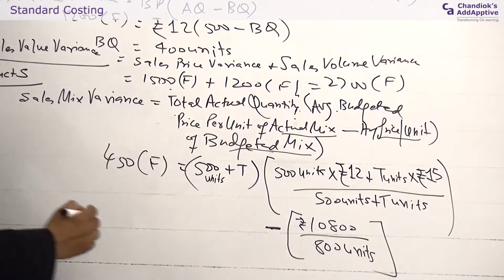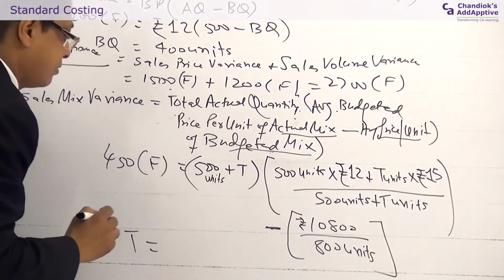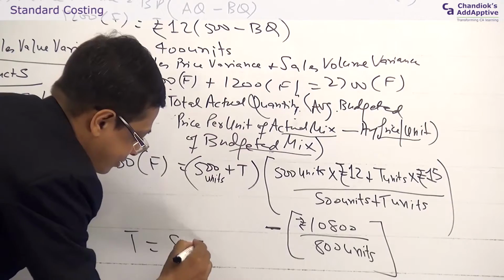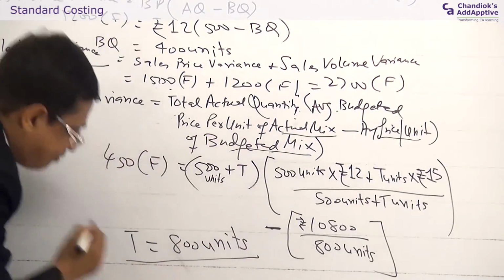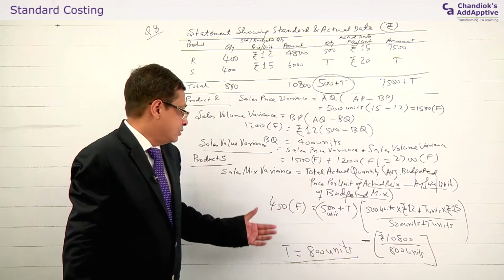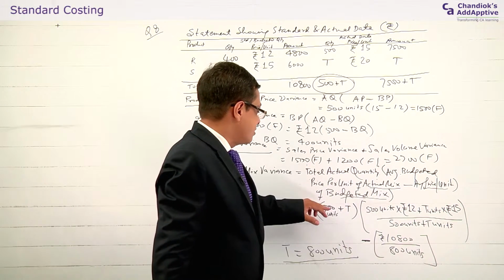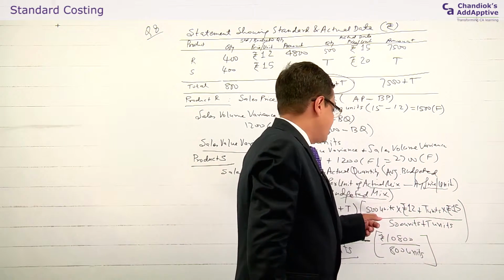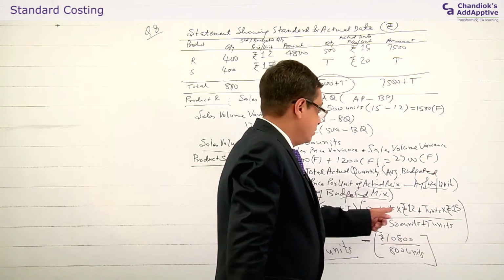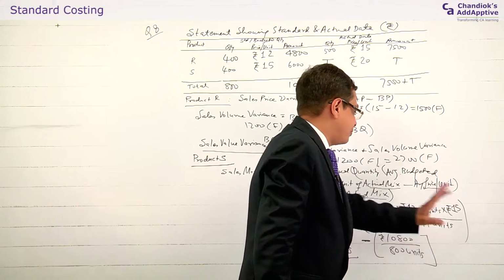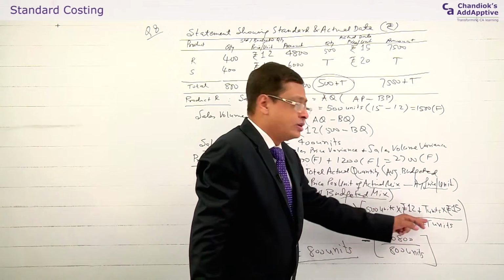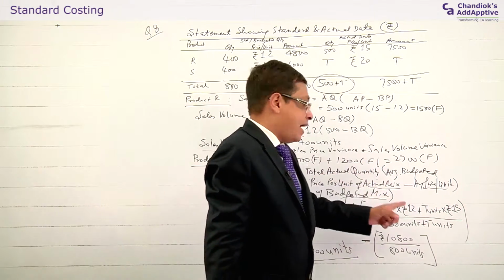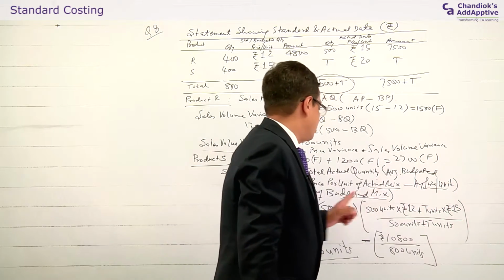Now, if you solve this equation, T will become how much? 800 units. So, please solve this equation yourself. The algebraic equation is 500 plus T, this is in terms of quantity, bracket is 500 units into 12, this is for R. For S, it is T units into rupees 15 divided by 500 units plus T. This is for average budgeted price per unit of actual mix minus average price per unit of budgeted mix.